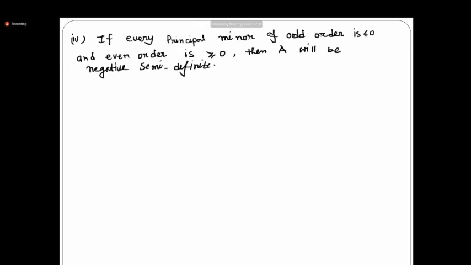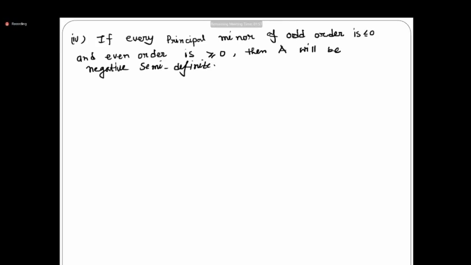Now, another way you can find out positive definite and negative definite for a matrix is to take the help of the eigenvalues. But sometimes it will be difficult to find the eigenvalues, because if I have a 5 or 6 order matrix, the characteristic polynomial will come out as degree 5 or degree 6, and you know that this kind of equation is very difficult to solve.